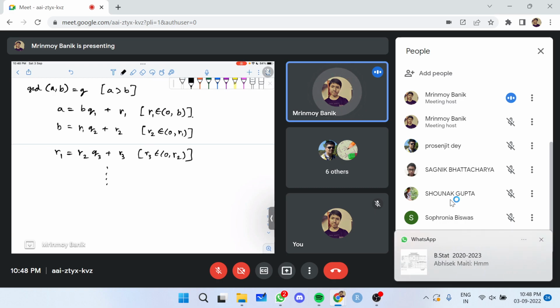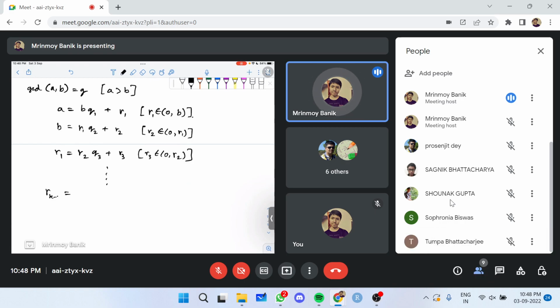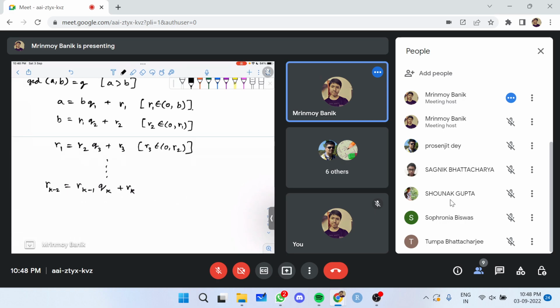Suppose in the kth step you get Rk minus 2 equals Rk minus 1 times Qk plus Rk, and Rk is 0 here.